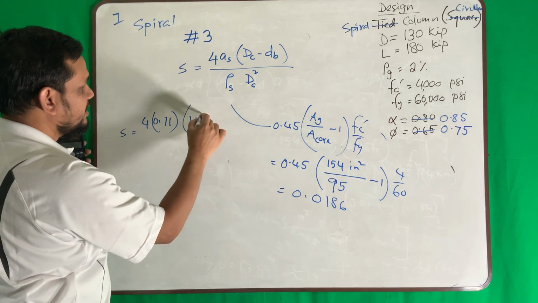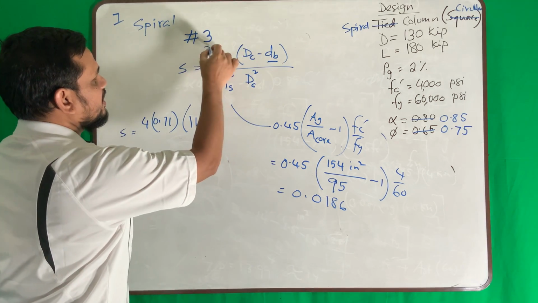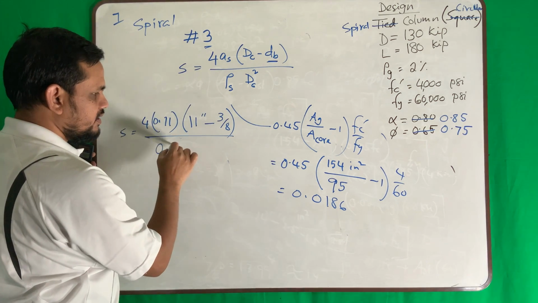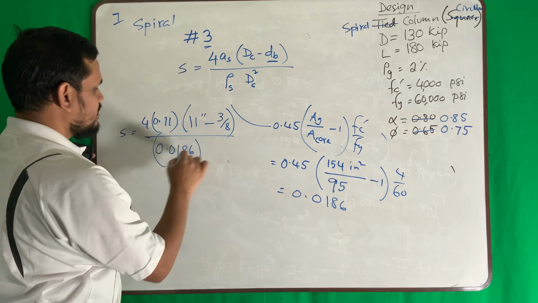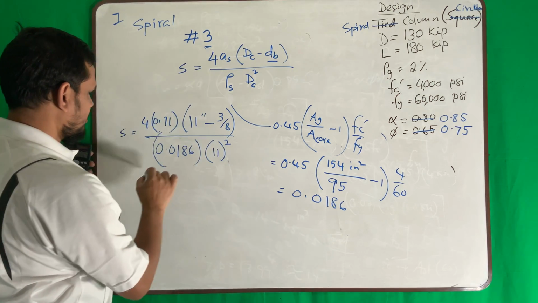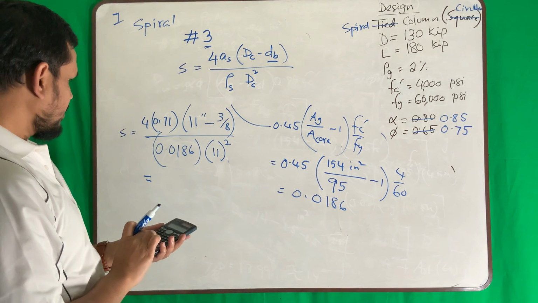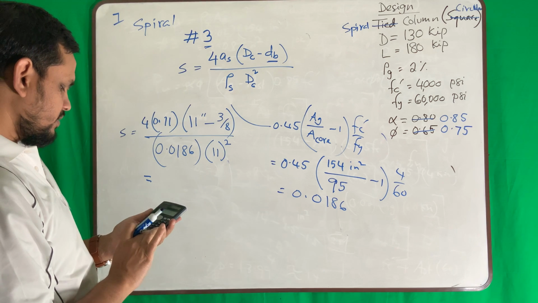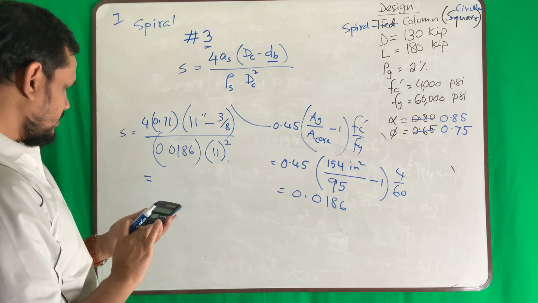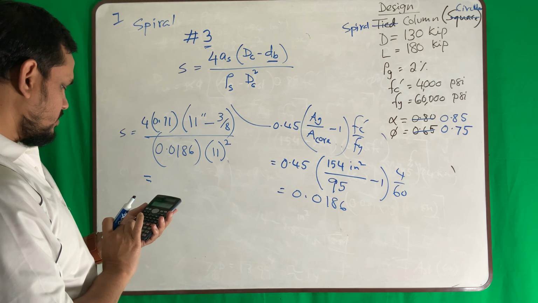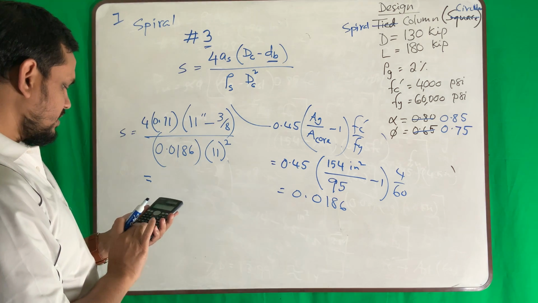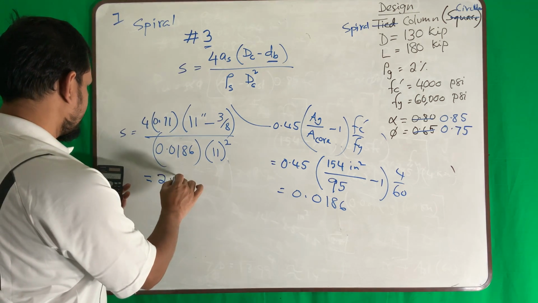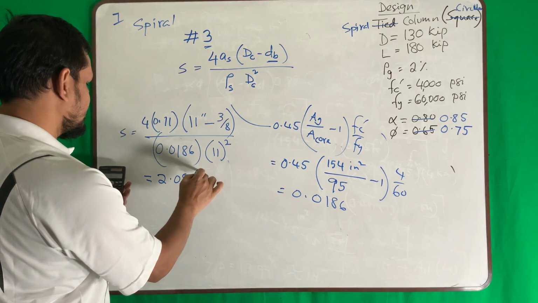Dc I found 11 inch, minus db, the diameter of the bar, 3/8, so spacing is 4 times 0.11 times (11 minus 3/8) divided by 0.0186 times 11 square. I got 2.07 or 2.08 inch.